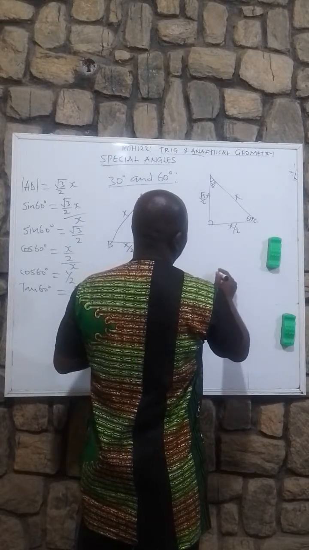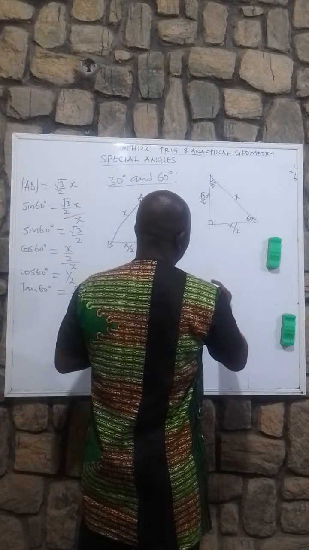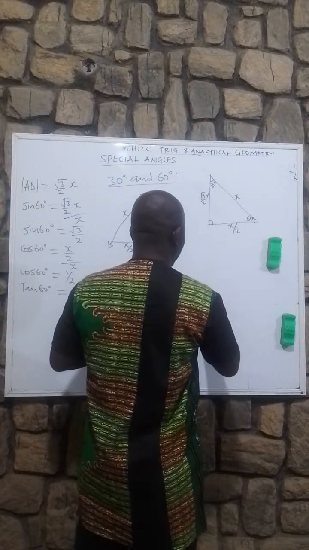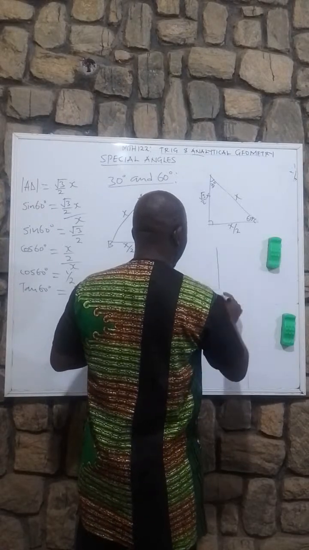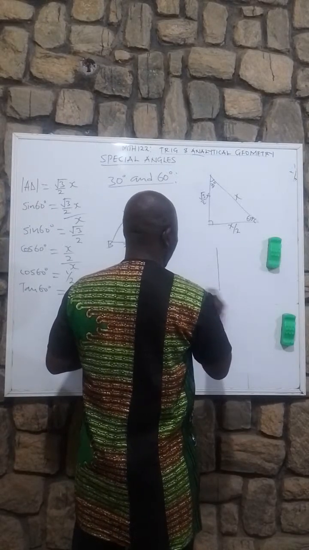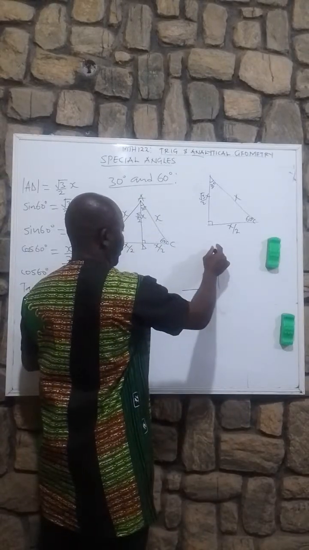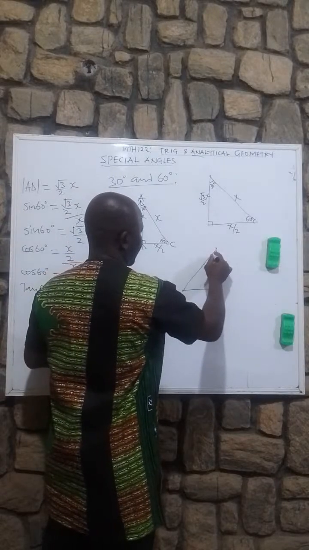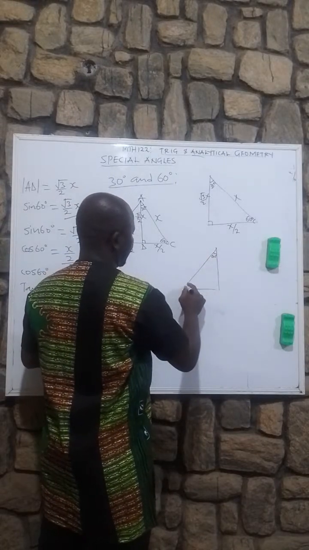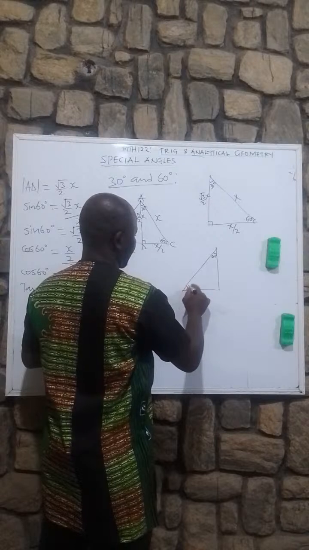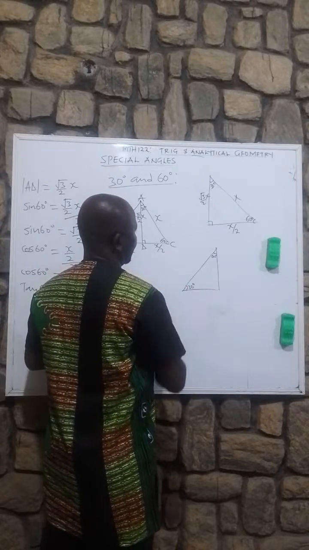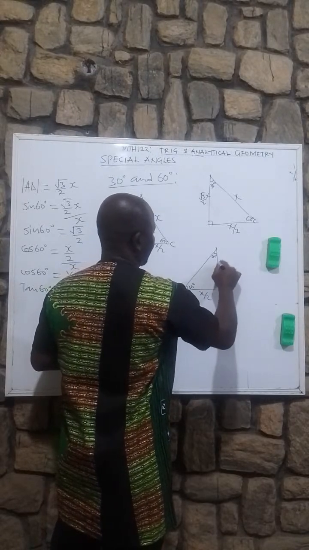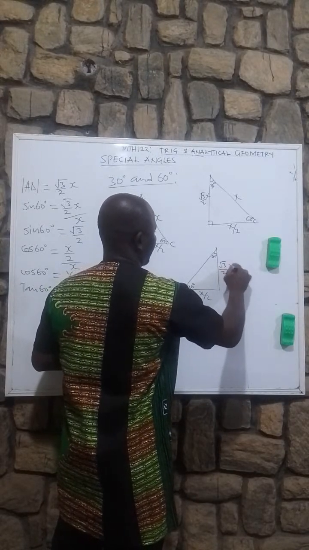Okay. Let's turn the angle. If we turn it, it will now be in this form. So this is our 60 degree, and this is our what? 30 degree. This is our x all over 2, then root 3 all over 2x.